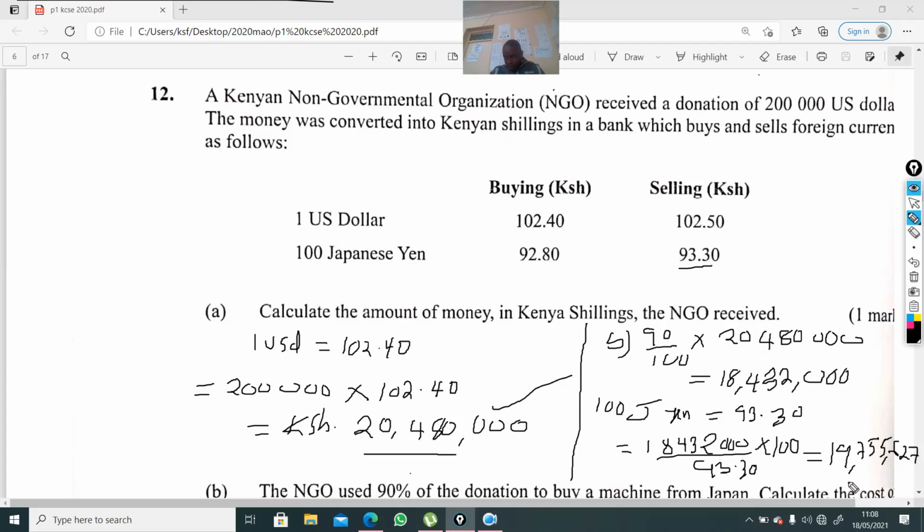So this is the amount that it was converted to. So that is how you are supposed to do such a question.